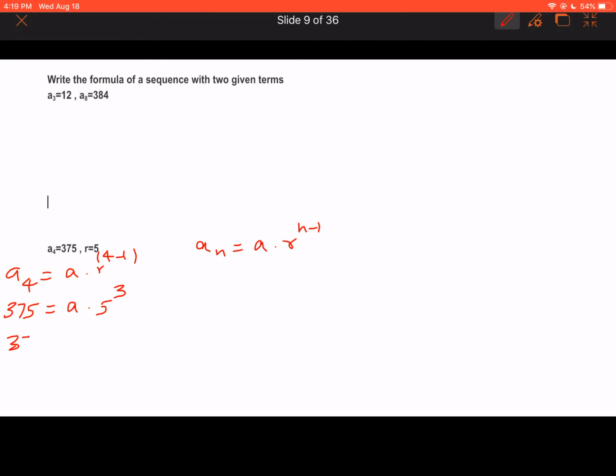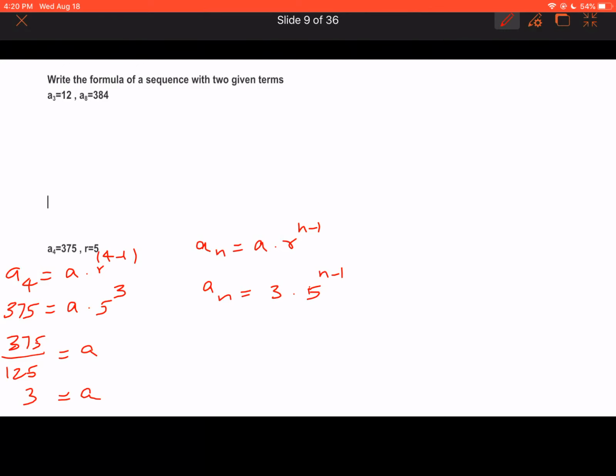By substituting the values, we find that a is going to be 3. Once we know the values of a and r, we are able to write the equation very easily: 3 times 5 to the power of n minus 1. So we have to find the value of a so that we can derive the equation.